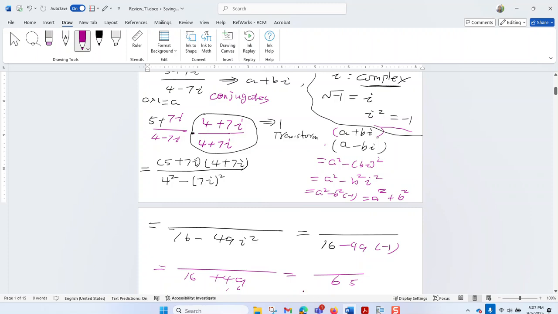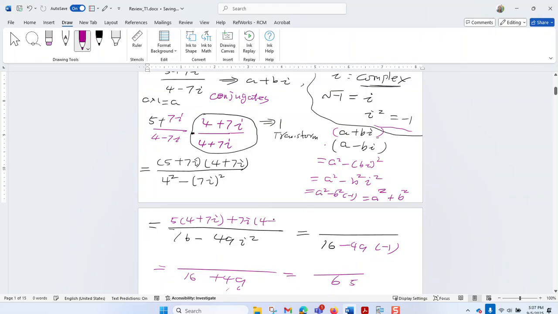And how much is my numerator? I have to calculate my numerator, right? So I multiply 5 times this whole thing. This is 5 times 4 plus 7i, and then plus 7i also needs to be times 4 plus 7i.